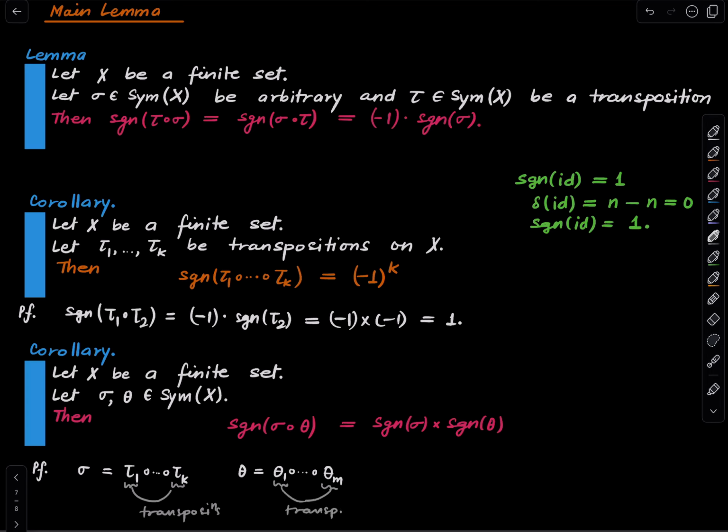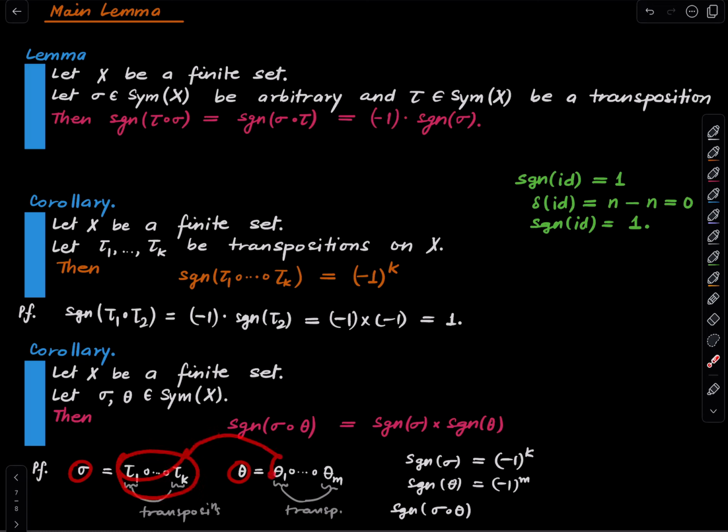All right. So what is the sign of sigma? As we just saw in the previous corollary, the sign of sigma is -1 to the power k, and the sign of theta is -1 to the power m. But if you compose sigma and theta, it will be a composite of k transpositions and another set of m transpositions, so a total of k plus m transpositions.